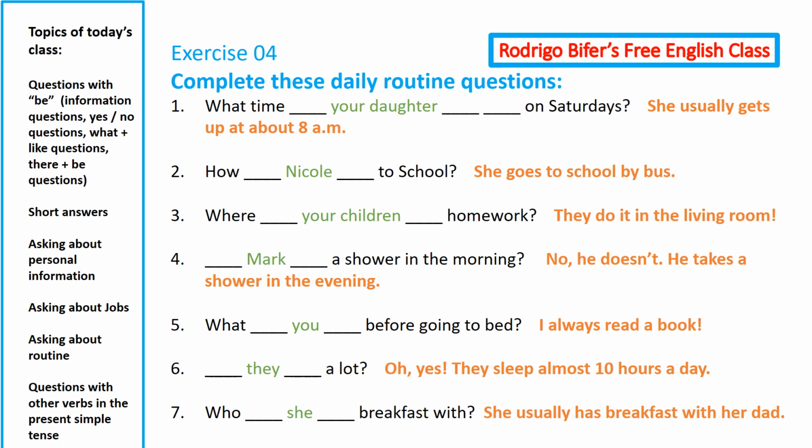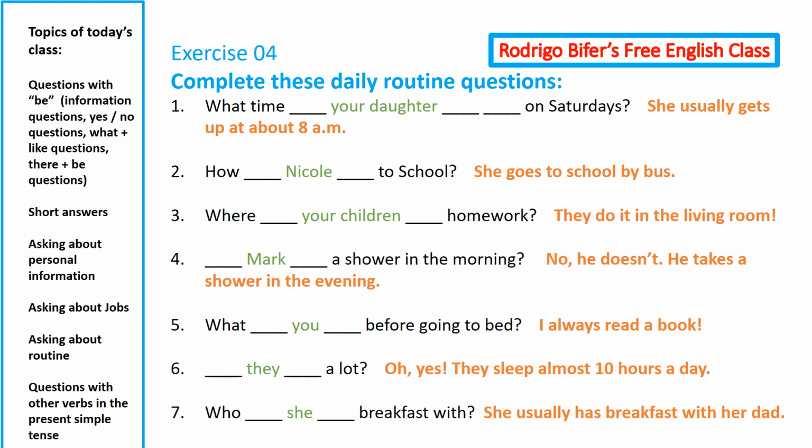What time? Then you have to complete. Your daughter is what? The subject. And then you have 2 spaces for the verb, and then you have on Saturdays. So how can you complete and make that question? Look at the answer.